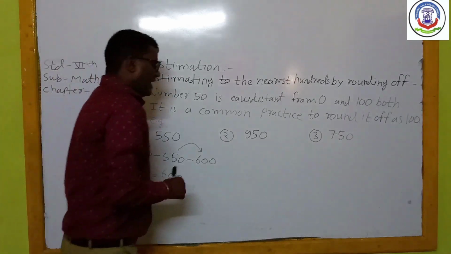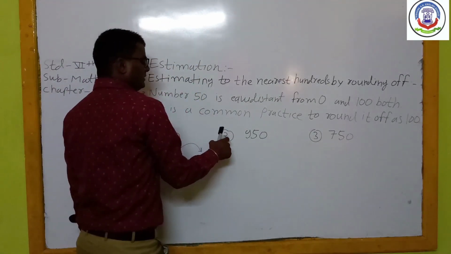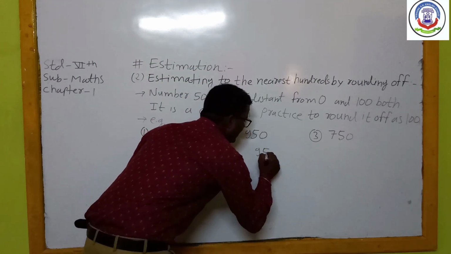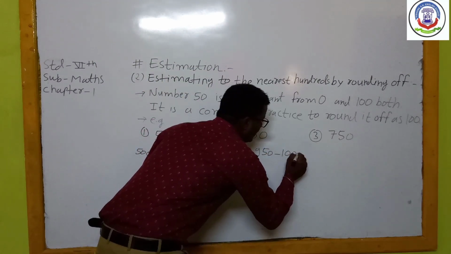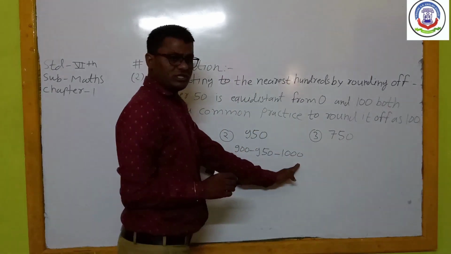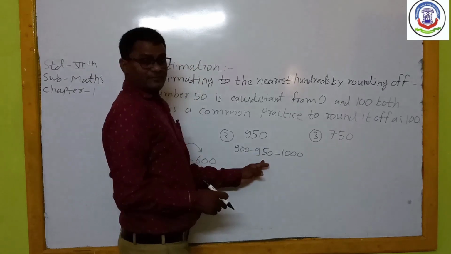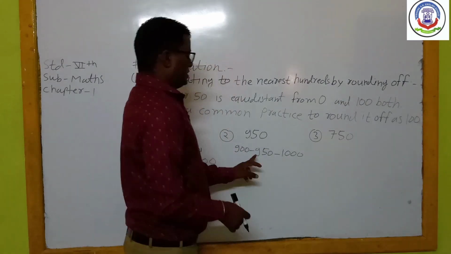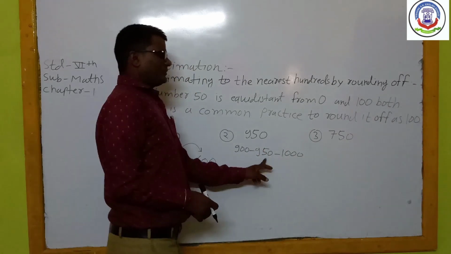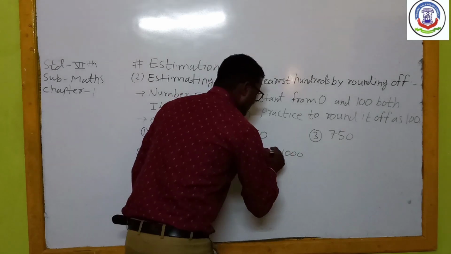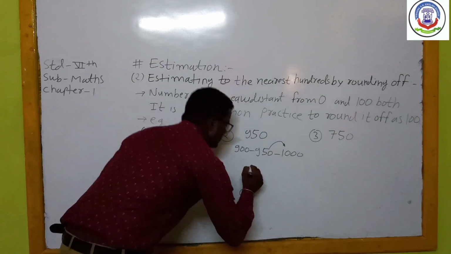Okay students, now for question 2, 950. You know 950 lies between 900 and 1000 and it is equidistant from both 900 and 1000. Okay, so the required rounded off number of 950 will become 1000.